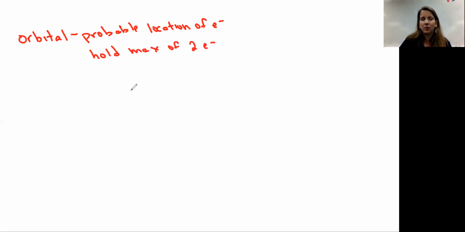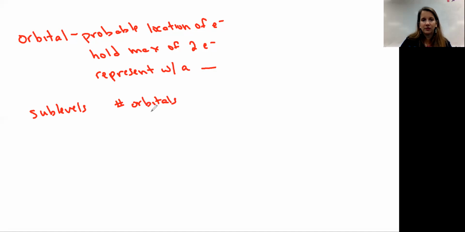When we draw our orbital diagrams, we're going to represent an orbital with a line, just like that. Now, since each orbital can hold up to 2 electrons, the different sublevels have a different number of orbitals.